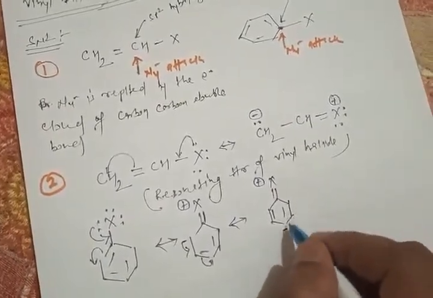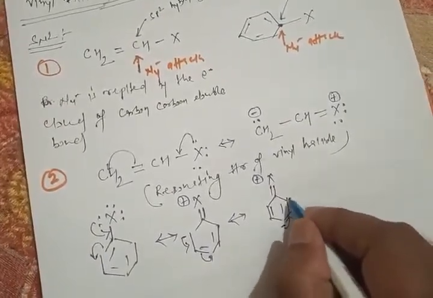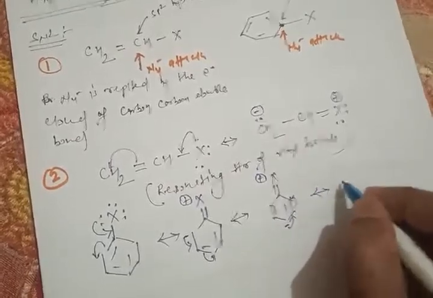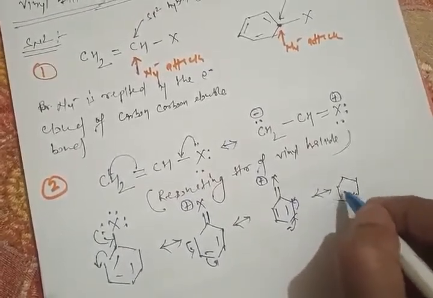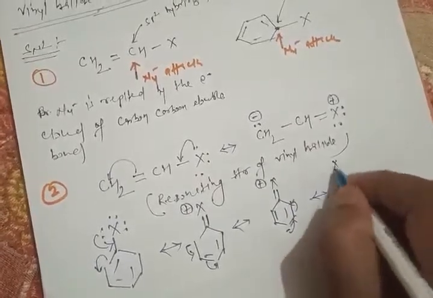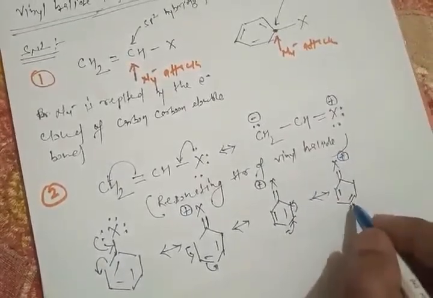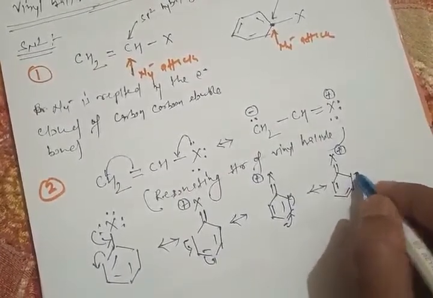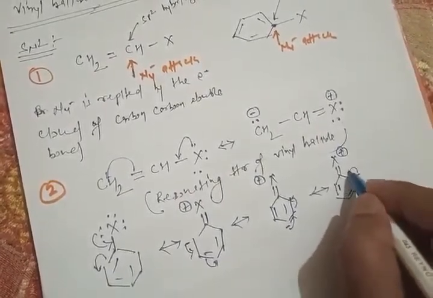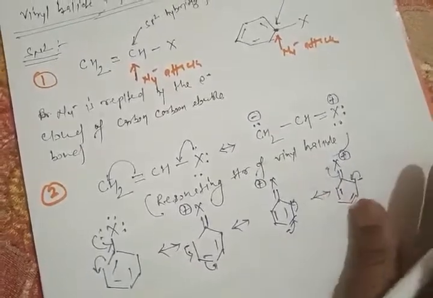Okay, then this will move to this side and this will go to this side, so we'll get another structure, that is the pi electron, double bond X, positive charge, and now here a negative charge will generate. And then in the next stage again the first structure will form.